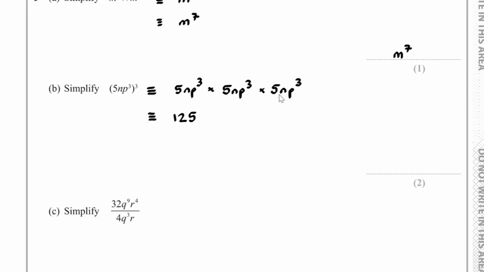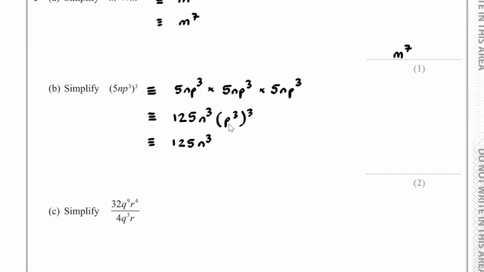n times n times n, that's n cubed. p cubed times p cubed times p cubed, well, that is p cubed raised to the power of 3. And so we end up with 125 n cubed, and then we've got p cubed to the 3.